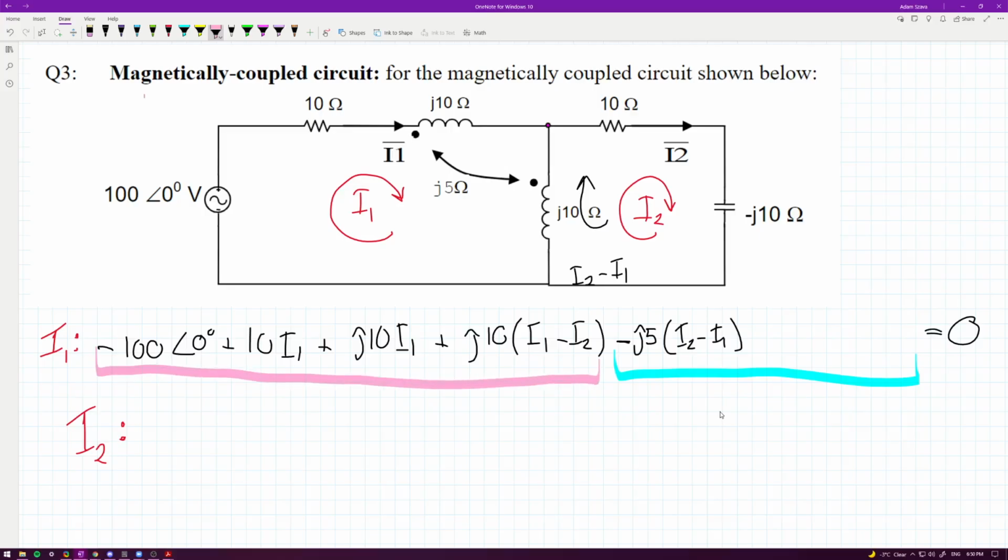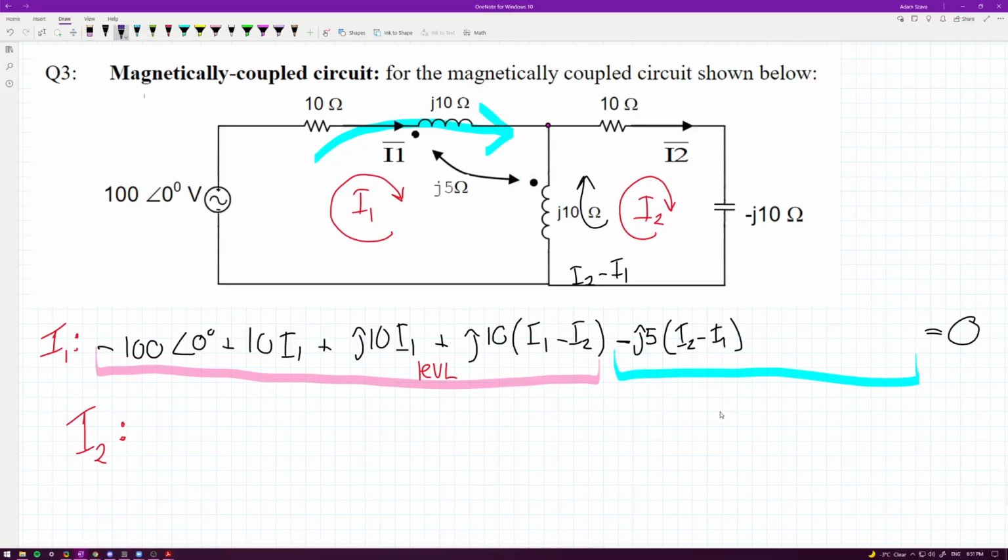And then the complication is that we have some mutual inductance, mutual voltages happening. The first one is an additional voltage created on this one, but there's also an additional voltage created on this one. This inductor gets an additional voltage because of this inductor. So the current going through this is inducing some sort of voltage difference onto this.